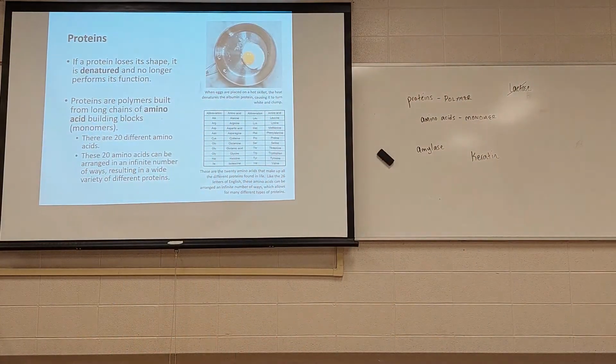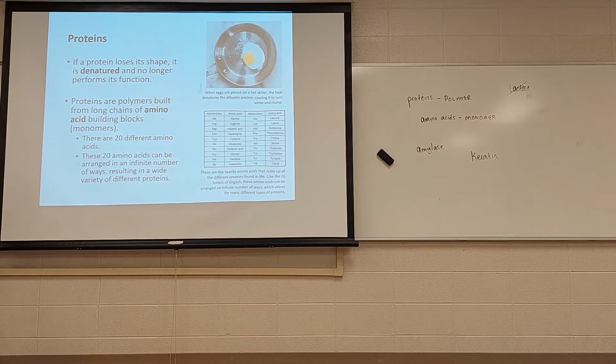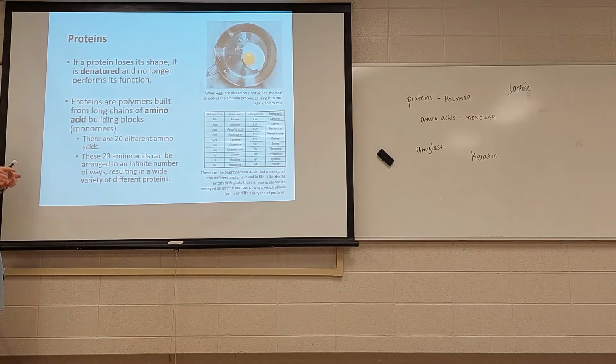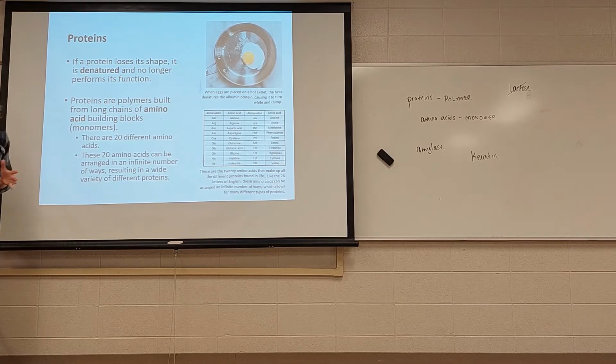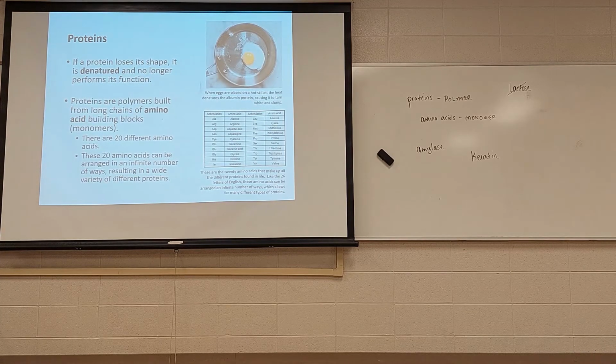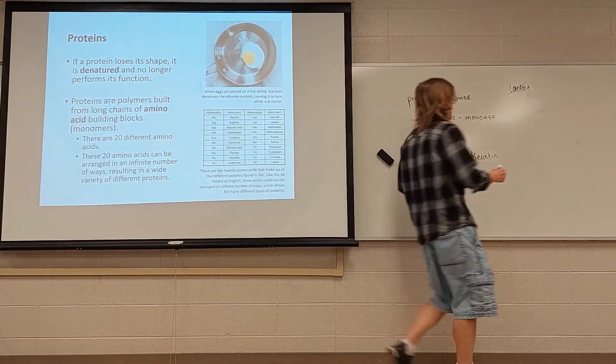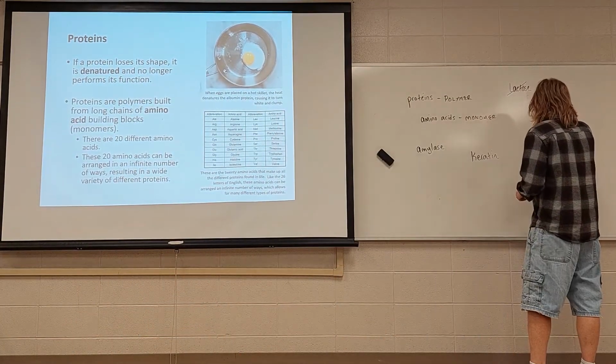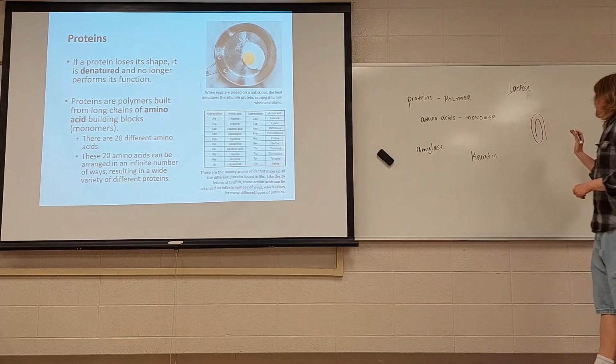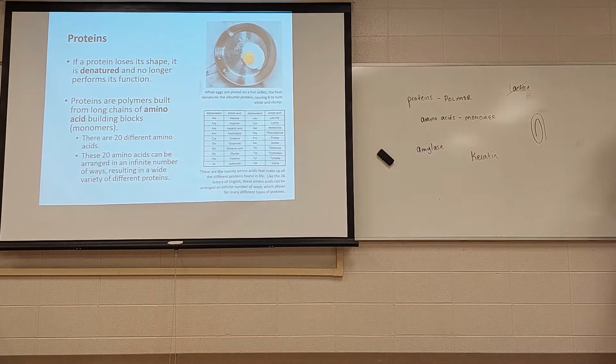So if a protein loses its shape, it becomes what's called denatured, and it can no longer function. And the example I usually use is a paper clip. So paper clip, right? It needs to have that shape to do its job.